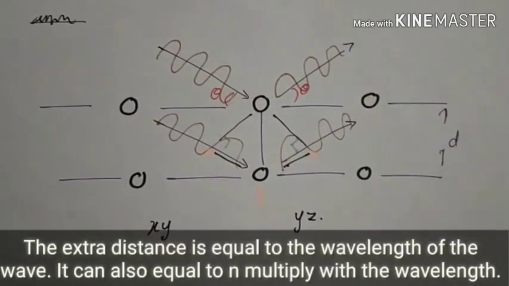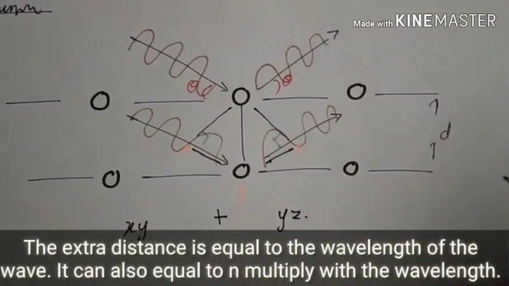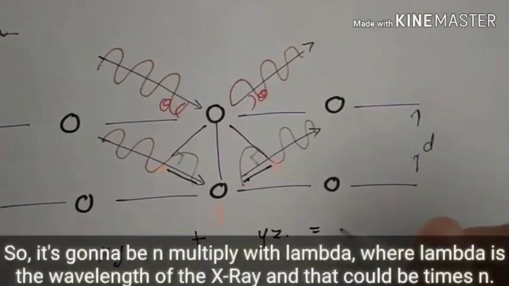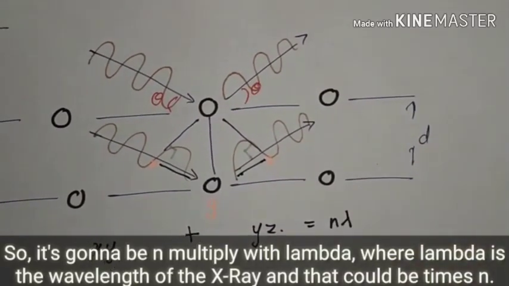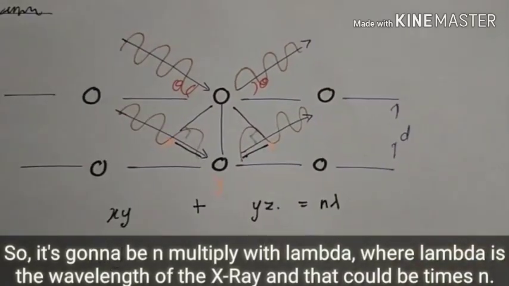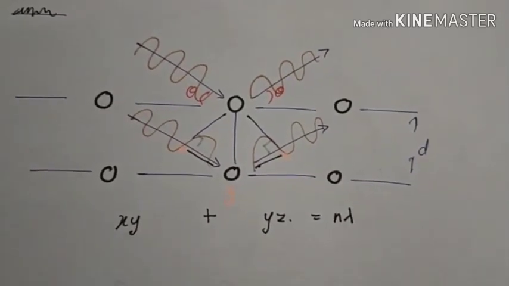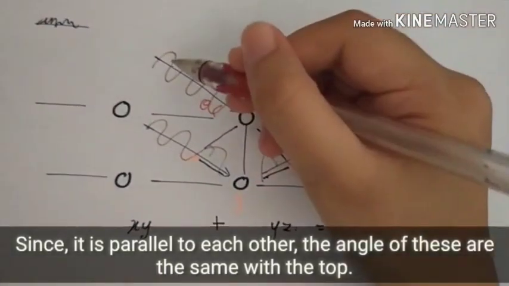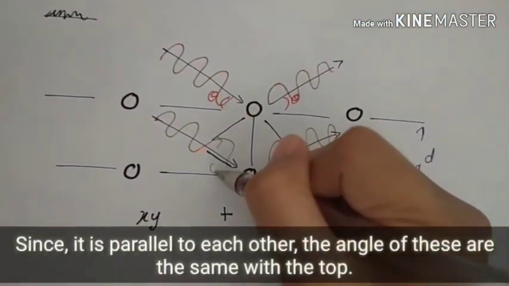The extra distance is equal to the wavelength of the wave. It can also equal n multiplied by the wavelength. So it's going to be n multiplied by lambda, where lambda is the wavelength of the X-ray, times n. Since the planes are parallel to each other, the angle of these is the same as the top.